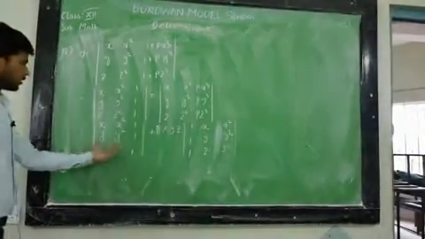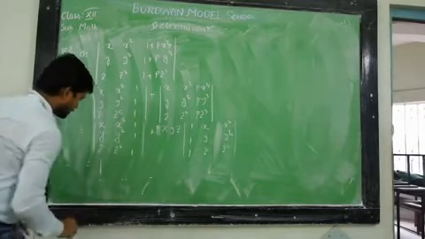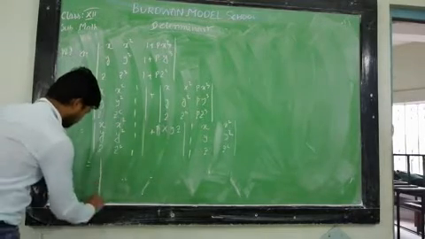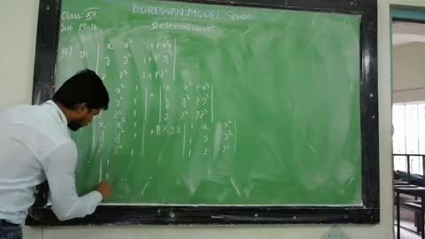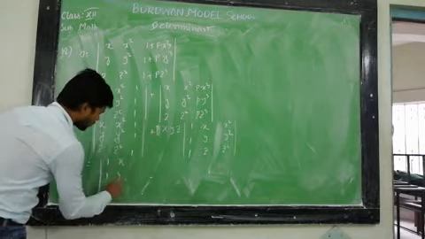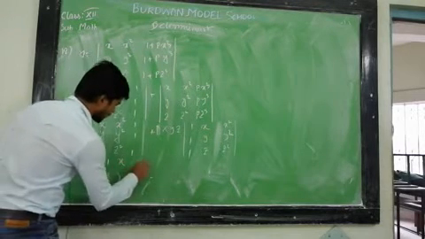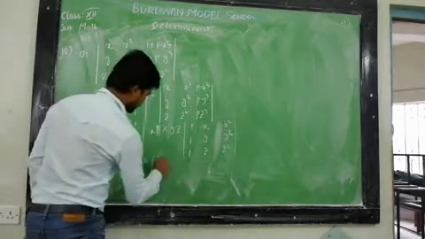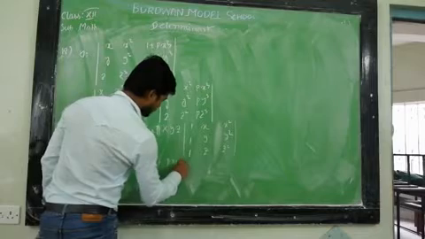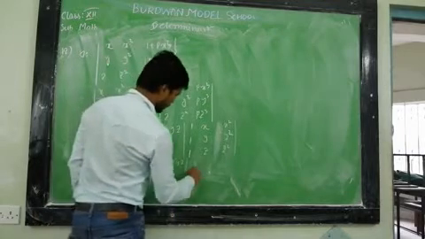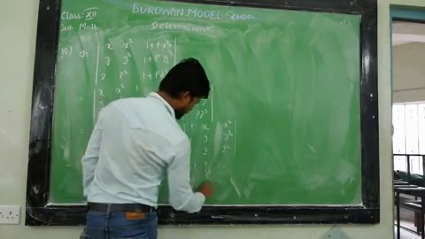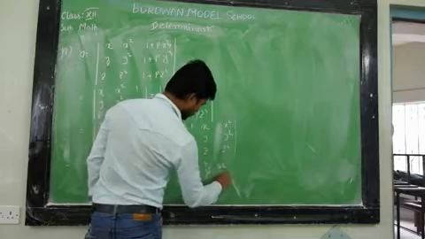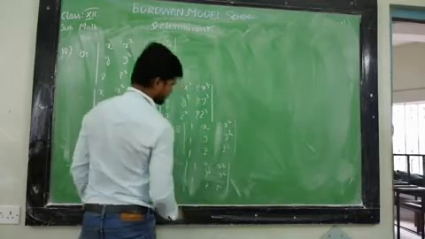Okay. Now this determinant can be written in the form 1, 1, 1; x, y, z; x square, y square, z square, plus p xyz times the determinant of 1, 1, 1; x, y, z; x square, y square, z square.